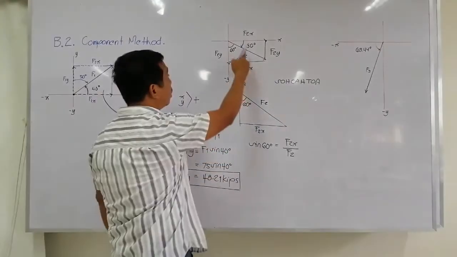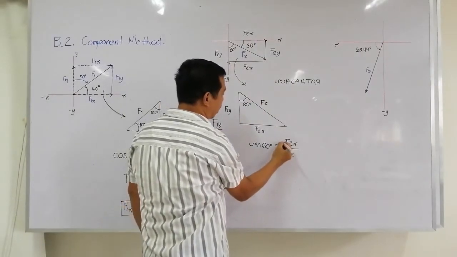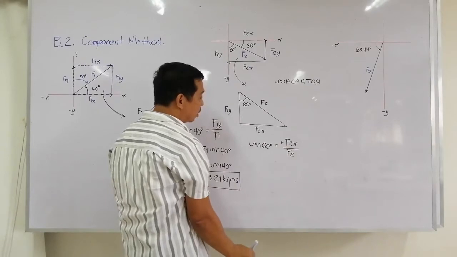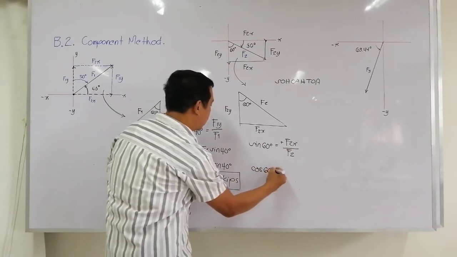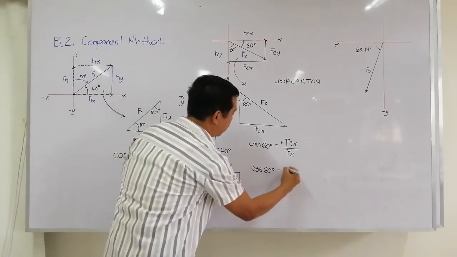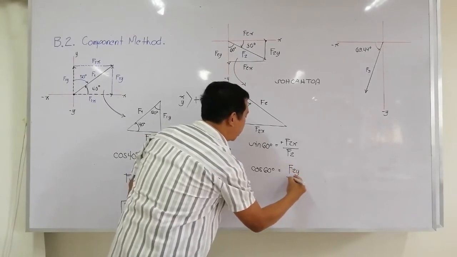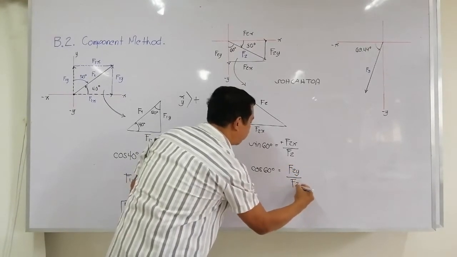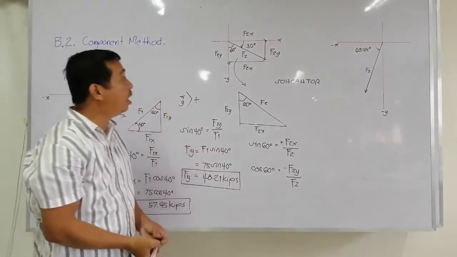Dahil yan ay nasa fourth quadrant, ang ating x value ay positive. At pag kinuha naman natin ang cosine ng 60, the cosine of 60 is adjacent side f2y over F2, kung saan ang F2y ay negative. Why?